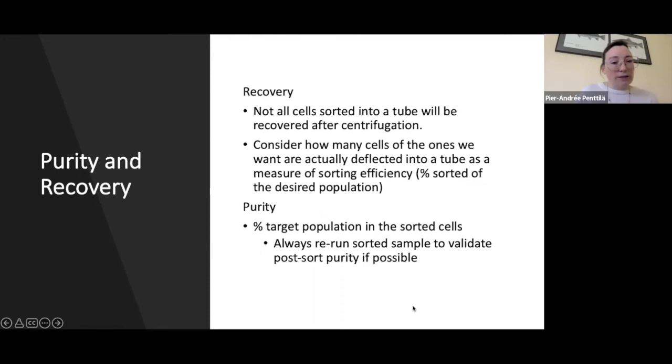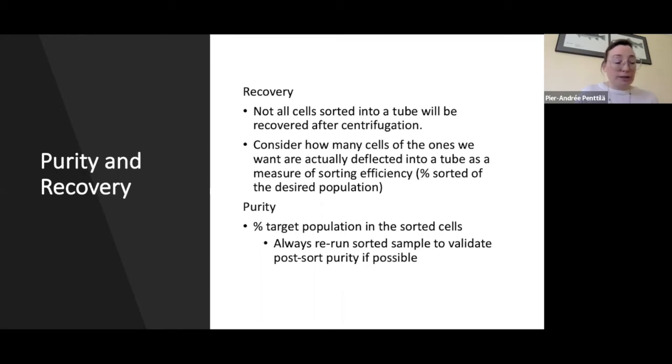So that's why it's incredibly important once you receive your sorted cells to spin them down and to actually do a quick count so that you are comparing the numbers that were given to you from the cell sorter to what you're actually recovering.